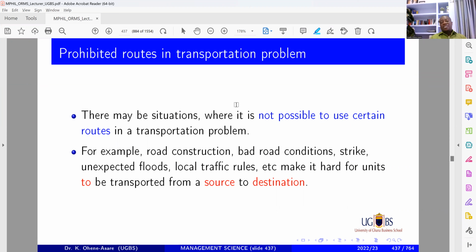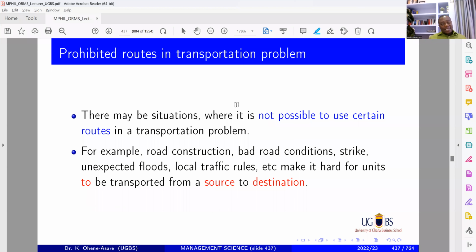If it is transportation, you cannot pass through that road if it is a road. If it is a railway line, you cannot use that railway line. So sometimes in London Underground, they will tell you that the Piccadilly line is closed. So you can't use the Piccadilly line. You can't use the black line, the Northern line. You can't use the blue line.